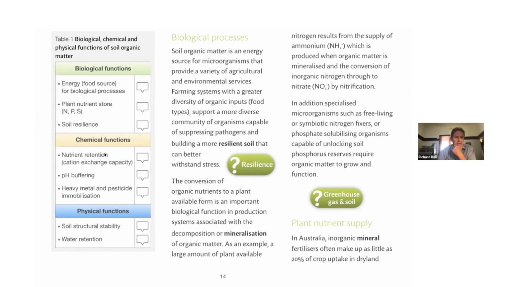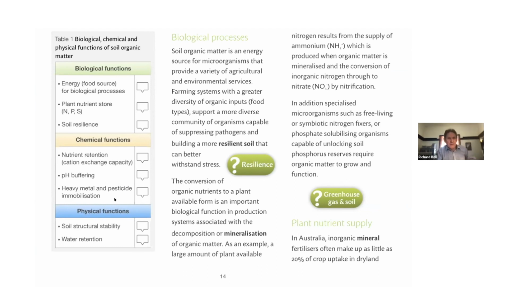Chemically, the surface area of organic matter helps with the retention of nutrients. Per unit weight of organic matter, it has a very high surface area, and that allows it to interact with nutrients and hold on to nutrients, particularly cations. The organic matter helps with the pH buffering of a soil.